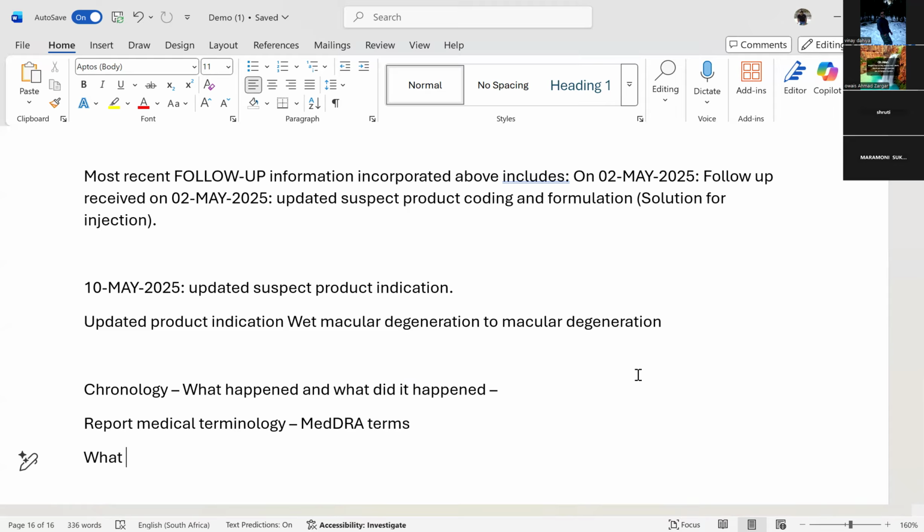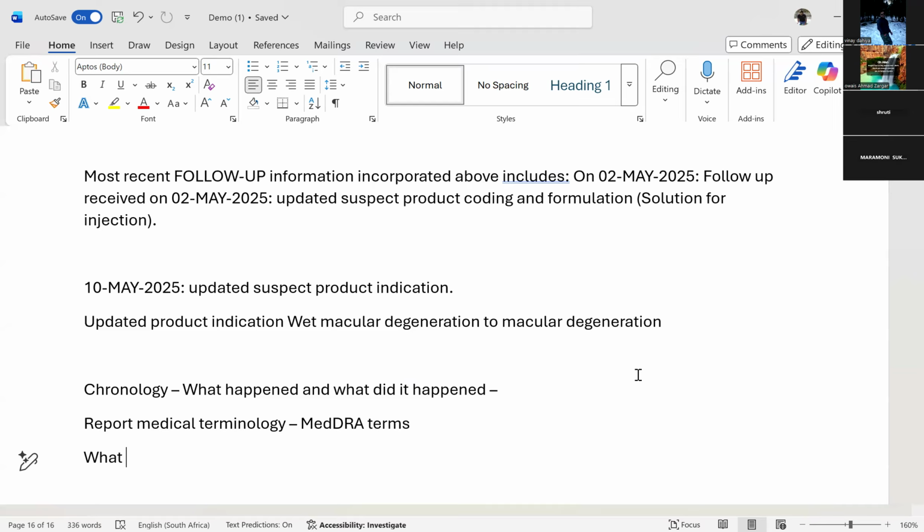As a fresher or as a new joiner to the pharmacovigilance field, this information is more than sufficient for you to know. And for the other people who are already in the field, like 1 year or 2 years, who are not even able to understand the regulatory reporting, because nowadays what is happening in big MNCs is that there are different teams who perform different activities within a single case.